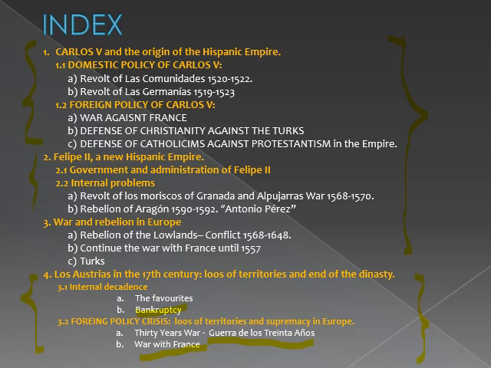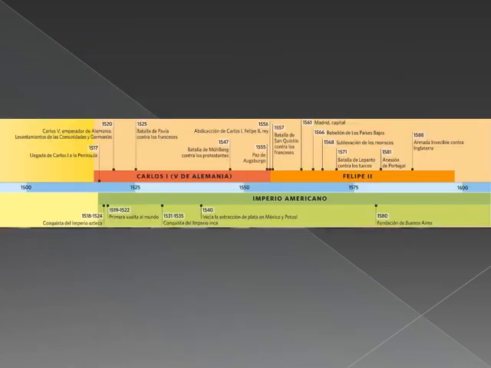Well, as I said, in this first online class, we're going to talk about Charles V. So let's go. This is a timeline for you to locate yourselves a little bit in the context we are talking about. When we left off in the last unit, we were talking about the Catholic monarchs and how they built the authoritarian monarchy, how the project of Columbus was given money, and that led to the discovery of America.